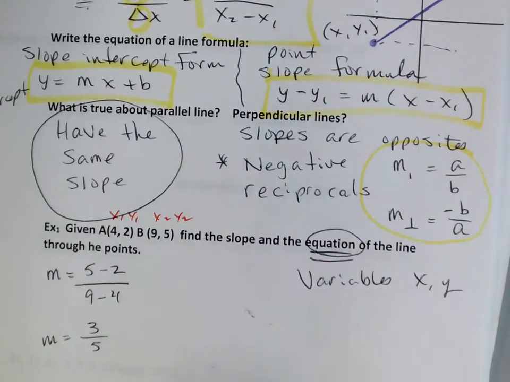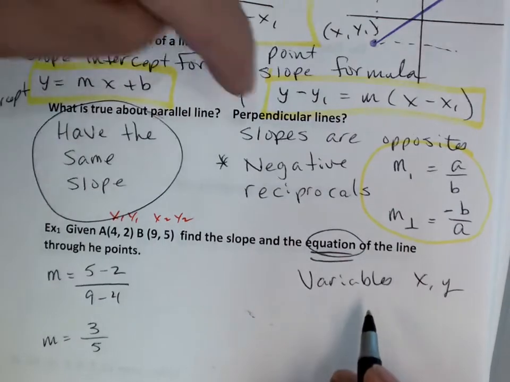A line is long, so you've got to have a lot of points for a line. The x and y variables represent all of the possible x and y values on the line.